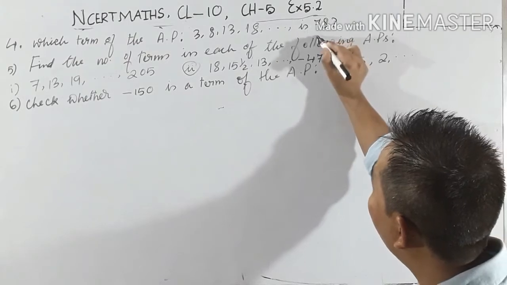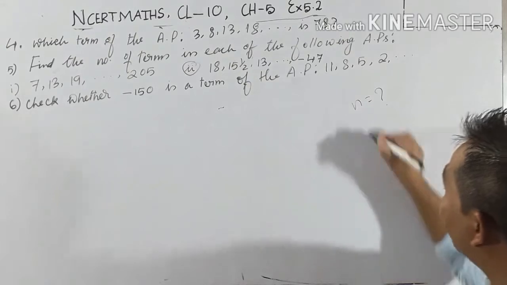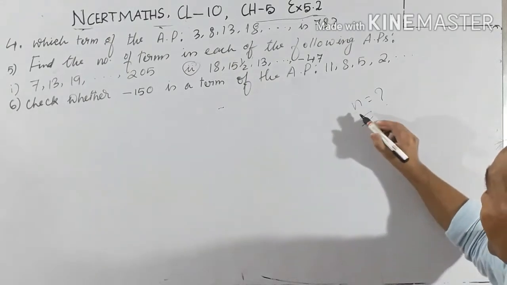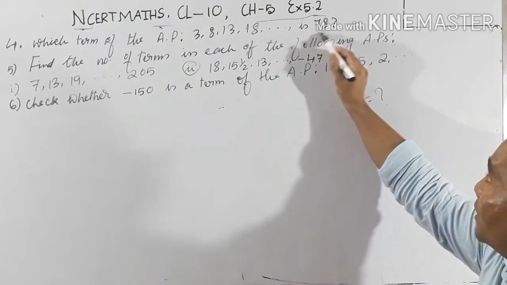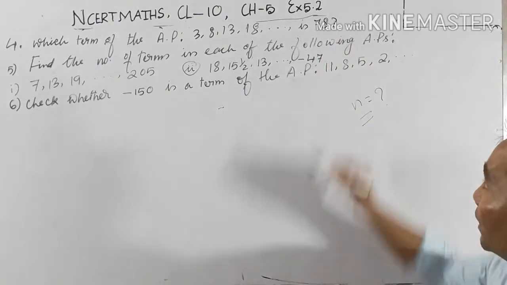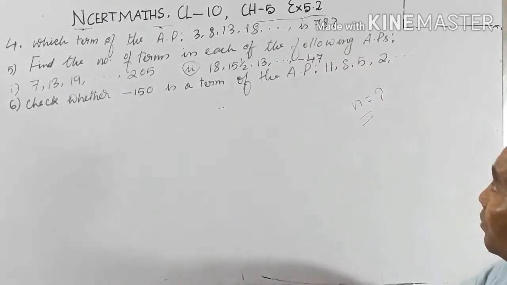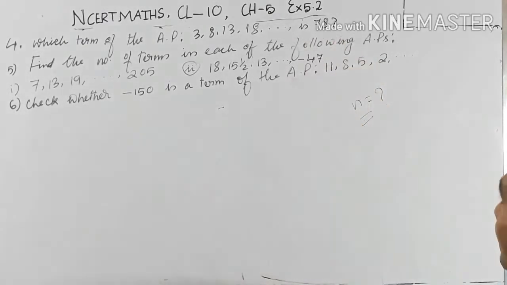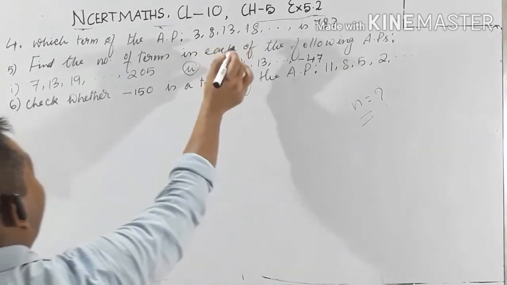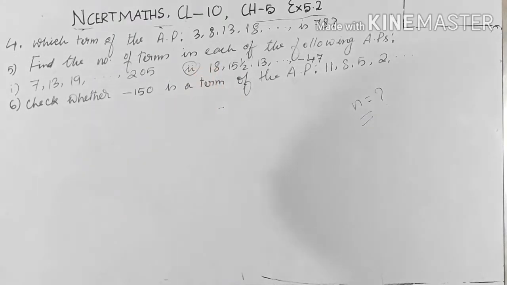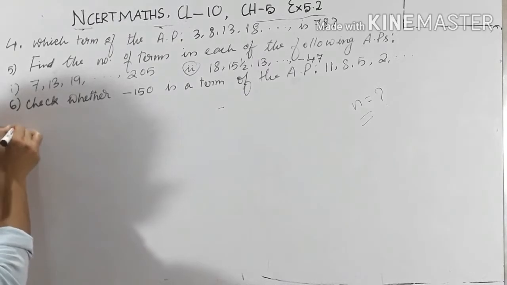After finding n, we would be able to predict the location of this 78, what term it will be. Okay, let us find out. Here the first term, second term, third term, and fourth term are given. So first of all, what we'll assume.